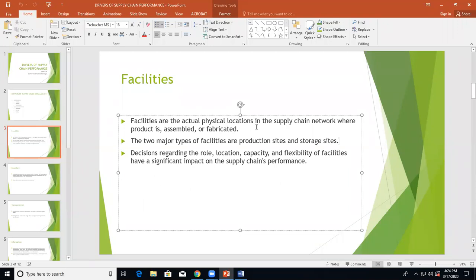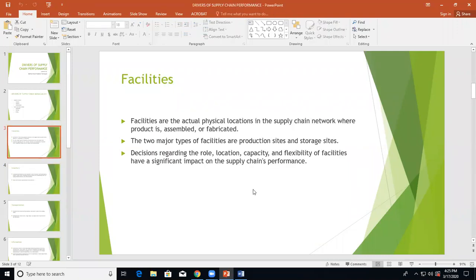For example, facilities are the actual physical location of the supply chain. Warehouses and manufacturing facilities are part of the facilities. For example, Nestle has a warehousing facility near its production facility.